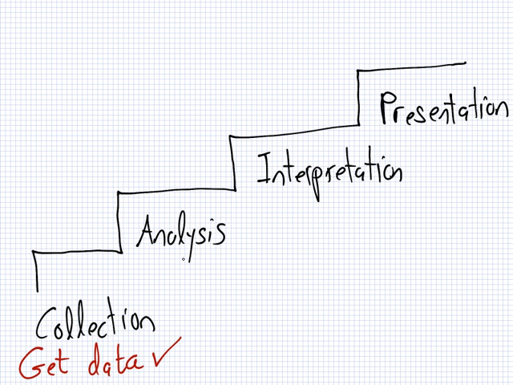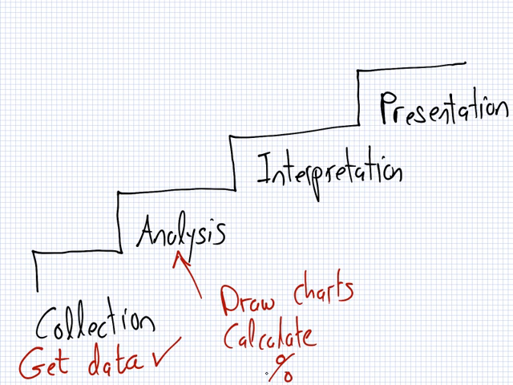So in this step, what you're doing is you draw charts. You calculate things like average. Maybe you do a percentage. So, what did you say, Dildar? You said think about. Yeah.